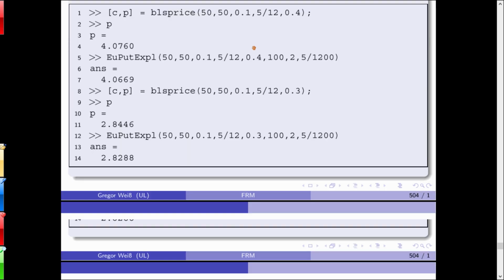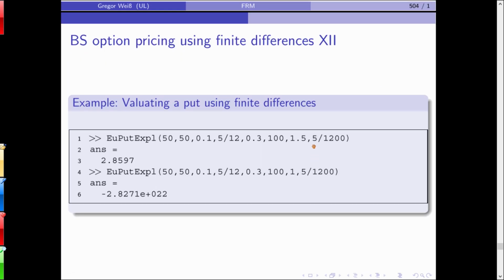In this example here, 1.5 versus €1, and it immediately blows up. So it is not perfect in the sense that it will always yield results. There are obviously some other numerical problems associated with finite differences as well as Monte Carlo simulation.